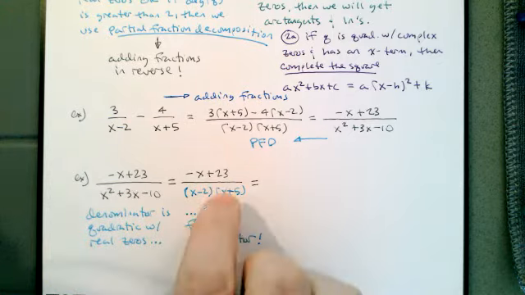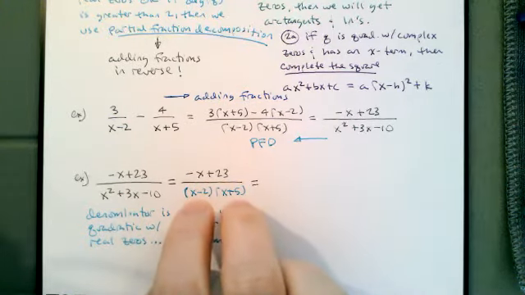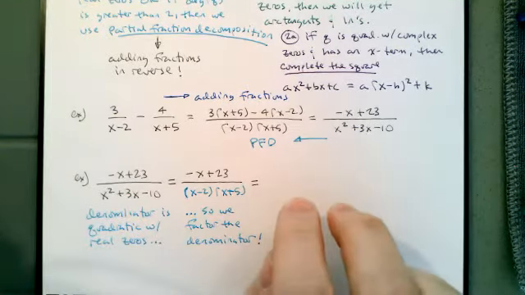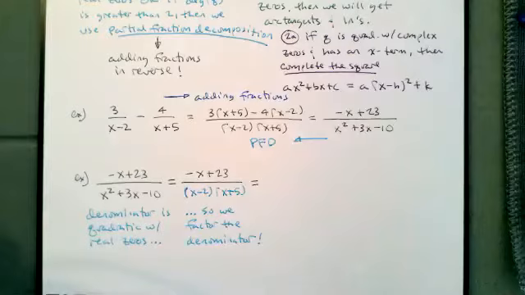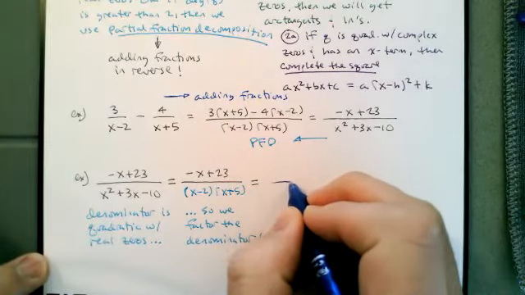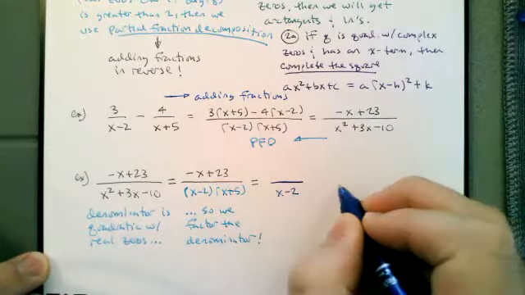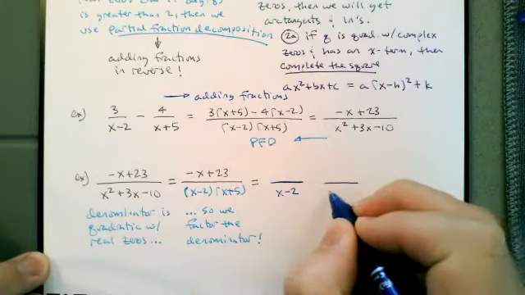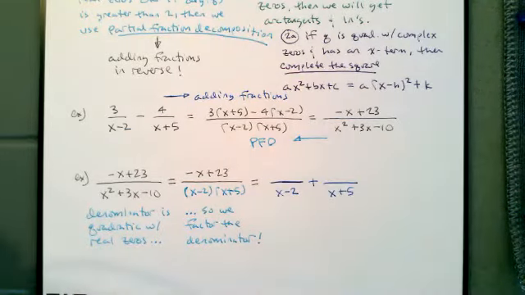We split the fraction that we're trying to decompose, and each factor of the denominator produces a term in the sum. So we're making a proposal. Each factor of the denominator becomes a term in the sum.